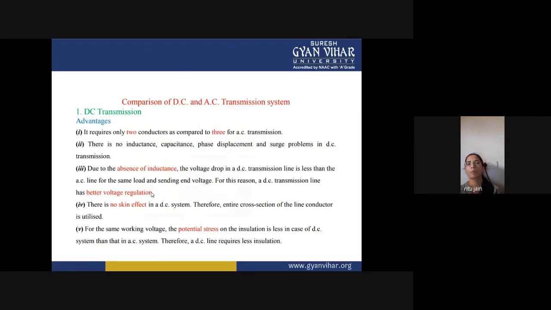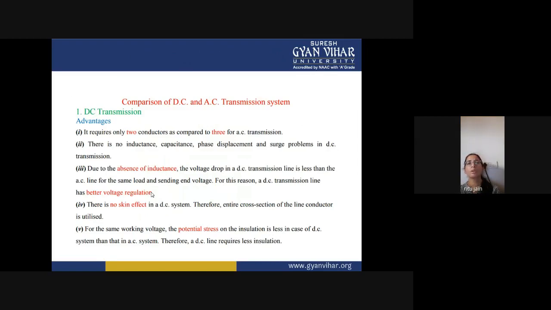Now we can compare DC and AC transmission systems. First we will consider the advantages of the DC transmission system. In DC transmission, it requires only two conductors as compared to three for AC transmission.